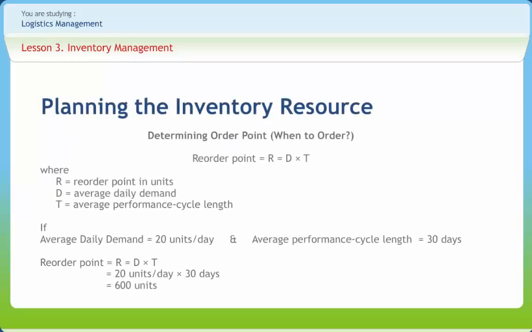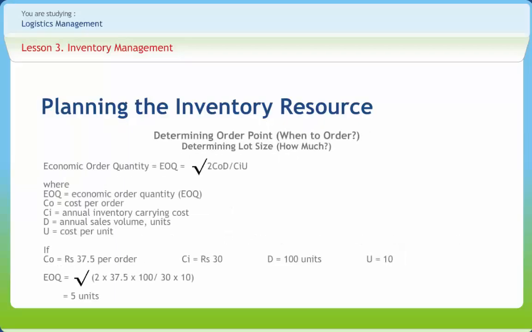Just a few minutes ago, we discussed what the reorder point is. Now, inventory resource planning requires determining the order point. With the help of the formula given, we have also solved an example. Then we determine how much to order. This is done by calculating economic order quantity with the help of the formula given.